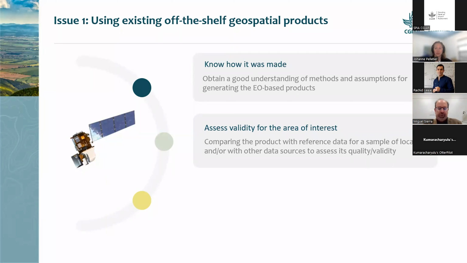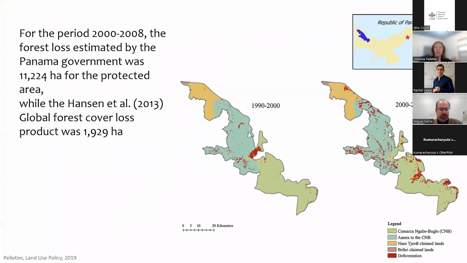So just to give you an example of that, during my PhD, I worked in Western Panama in a protected area called Bosque Protector de Palo Seco. And I compared governmental data of deforestation and the global forest cover loss product published by Hansen in 2013.